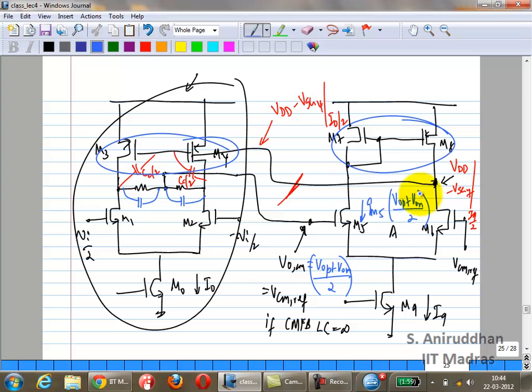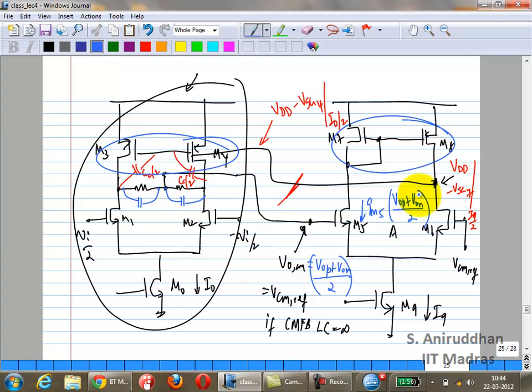Okay, yes. Connect two branches. So, okay, you can think of two branches, one branch having GM5 VOP by 2, the other branch having GM5 VON by 2. How do you generate that?